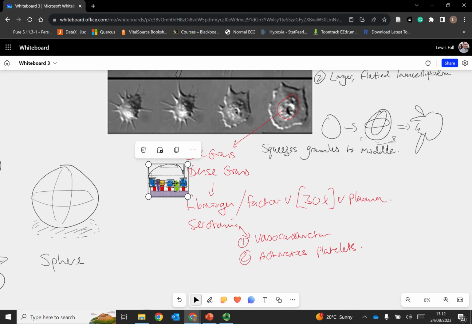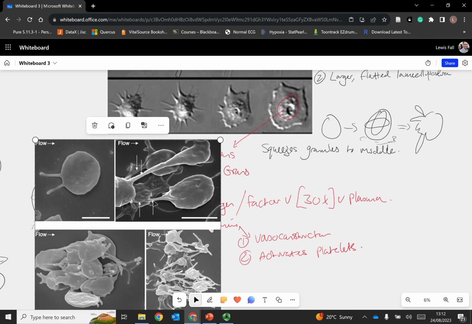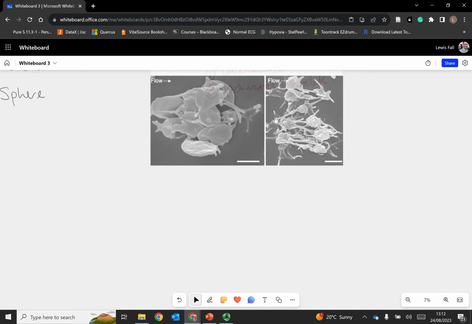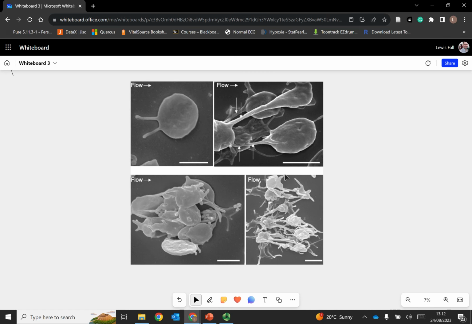And what we get, if I can actually get this pasted on, is this. So what we're looking at in this diagram here is almost the journey of a platelet.